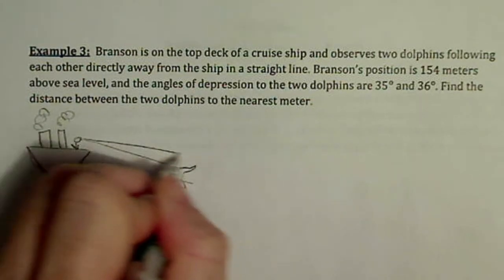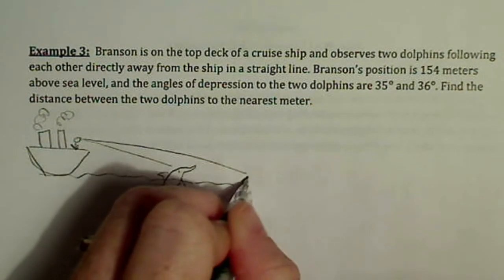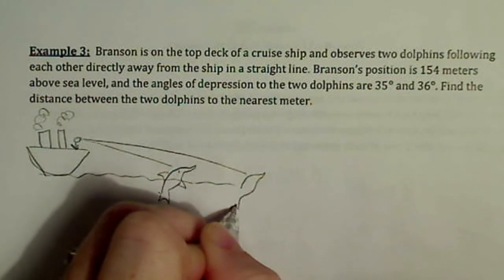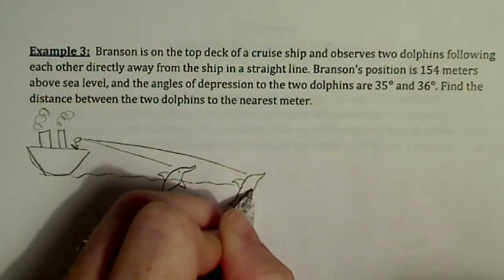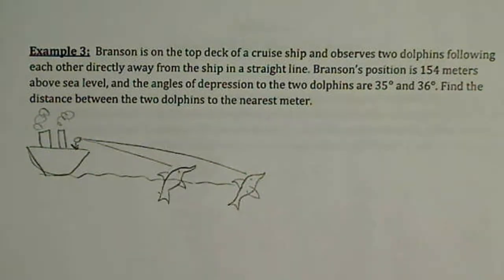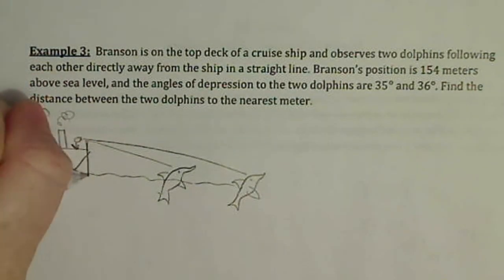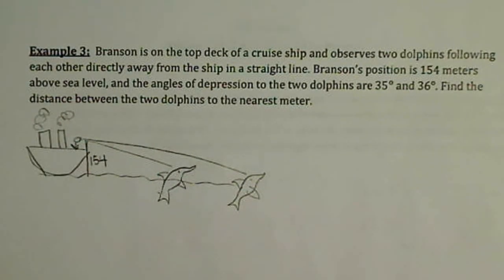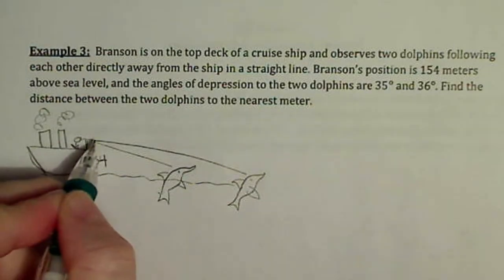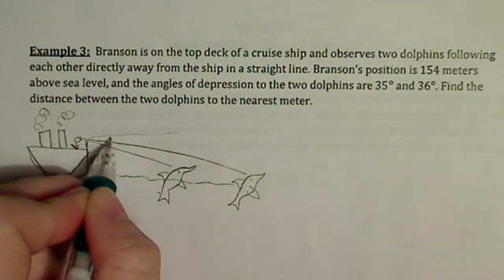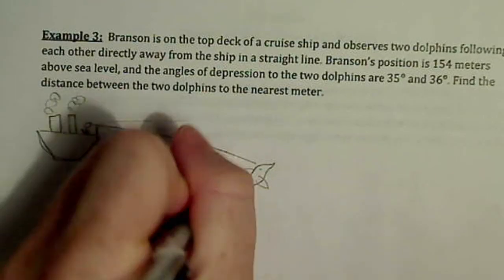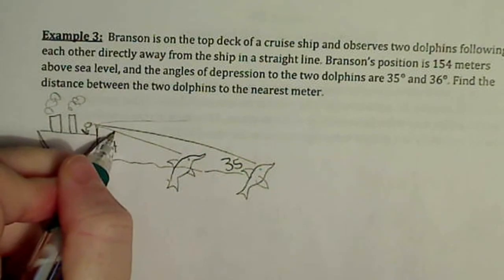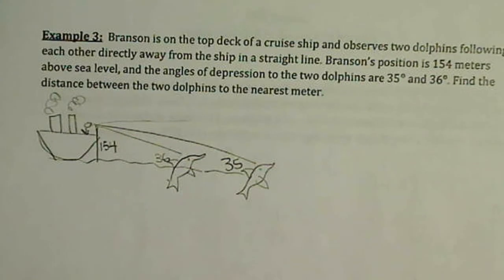And he also sees another one over here. Okay, so he sees both of those. It tells you that he is 154 meters above sea level. And the angles of depression are 35 and 36. So remember, think about this. So 35, that would be this over here. And 36, that's this one.